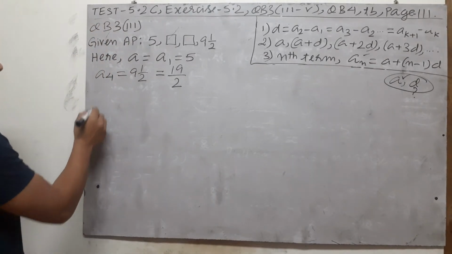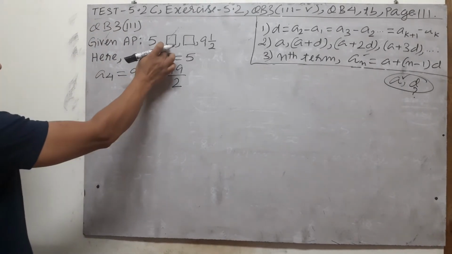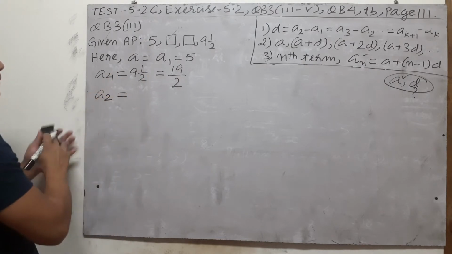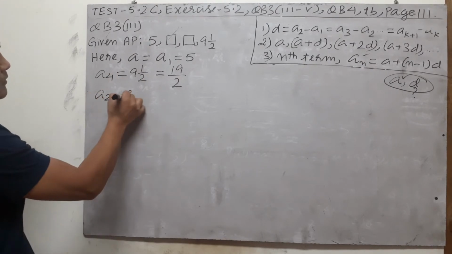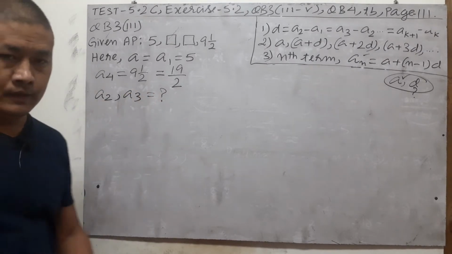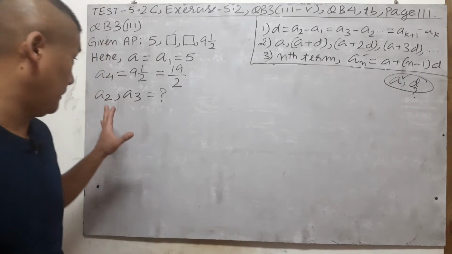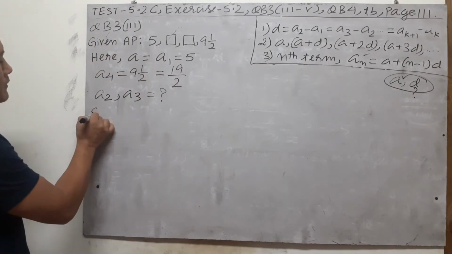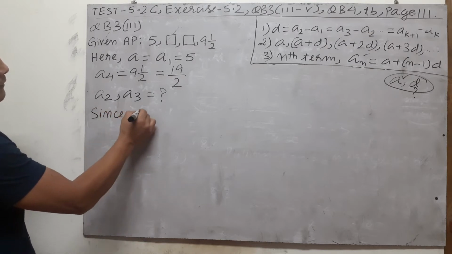Next, now the missing terms are 2 and 3, so A2, A3 are the missing terms that you need to find. In order to find these missing terms, we need D. So to do that, let us use the one given to us to our advantage.